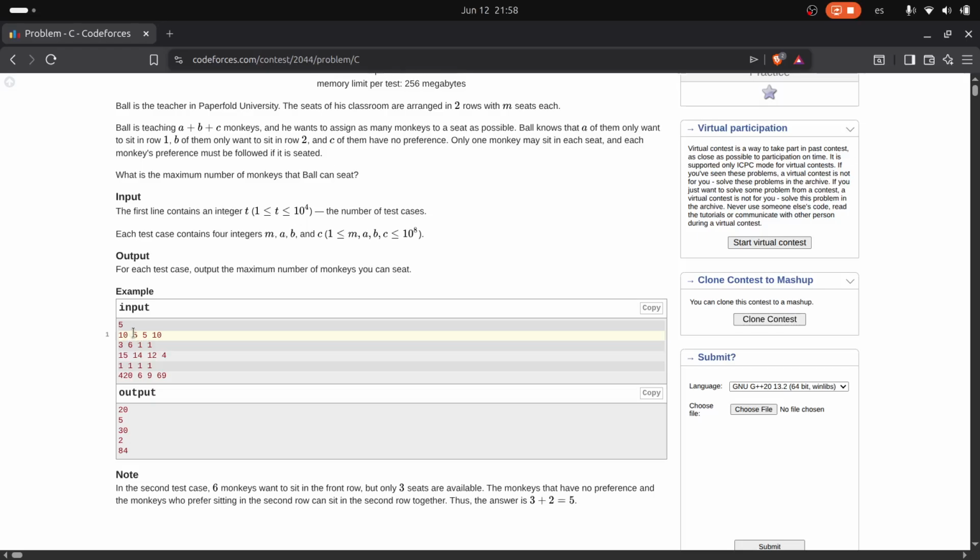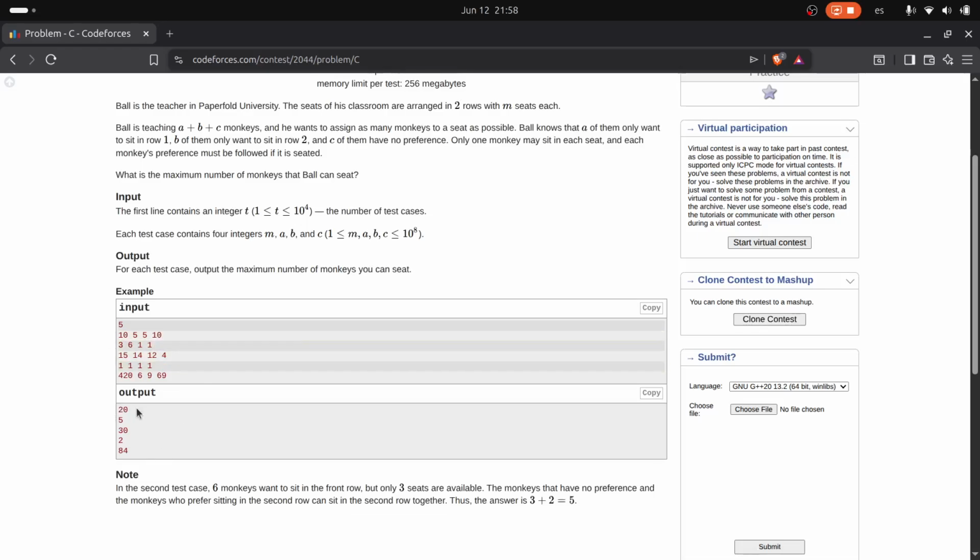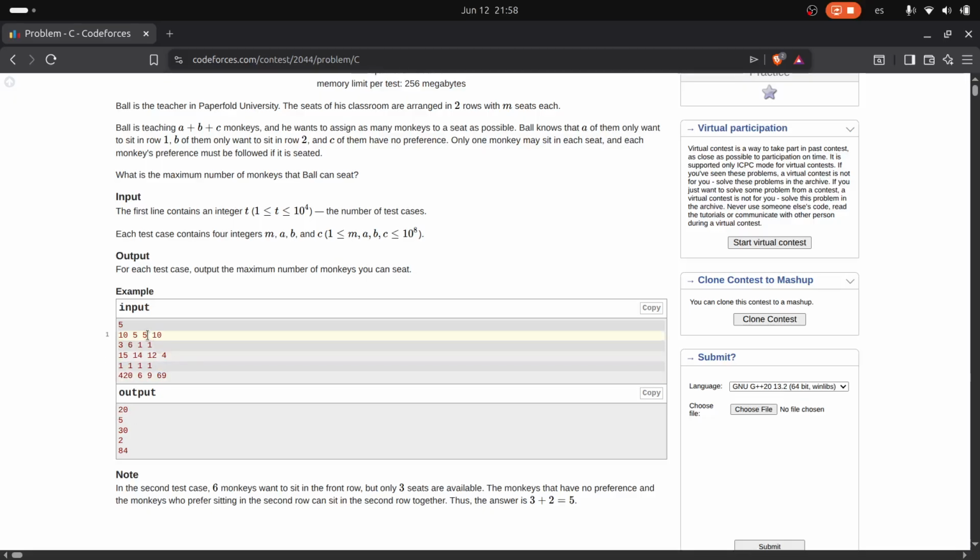So let's say we get five seated on the first row and five seated on the second row. That would give us a total of 10 seats taken of the 20 available. So in that case, we would still have 10 seats left, and that would give us exactly enough to seat the remaining 10 requested seats. So that's an explanation for the first test case.